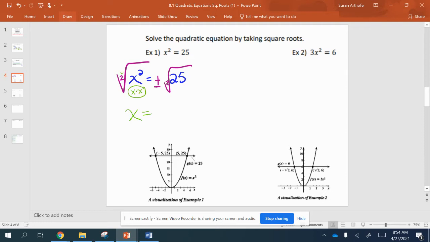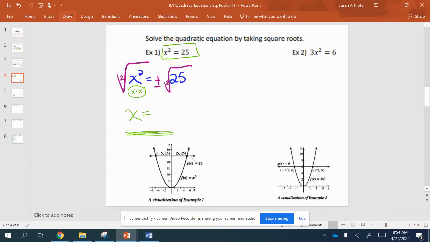So this little 2 on the radical took care of that, because we have to solve for x. We can't leave something as x squared. Up here, x squared equals 25 is not an answer. That's a problem. We need x equals, right?